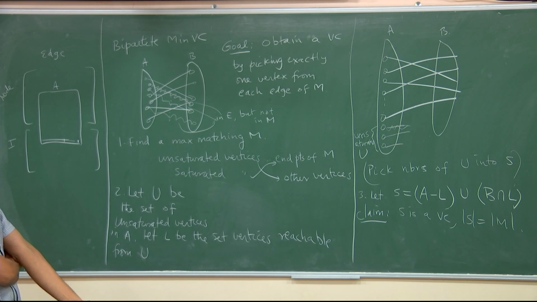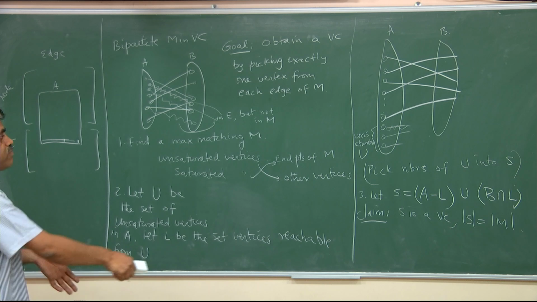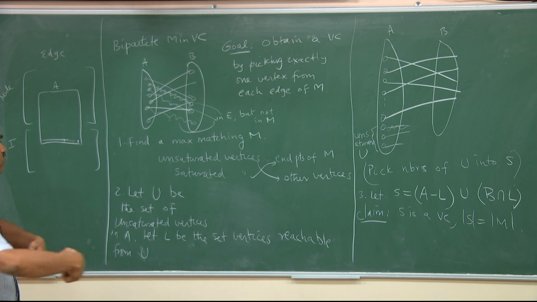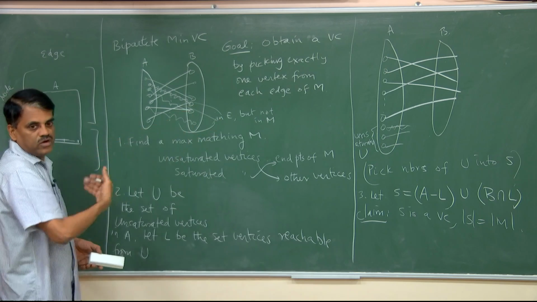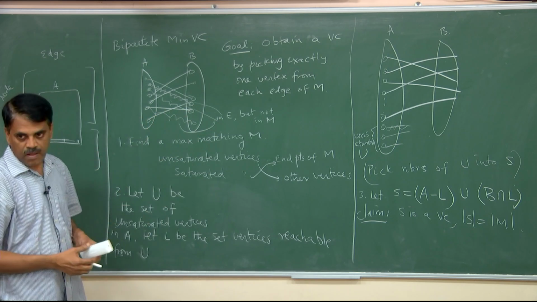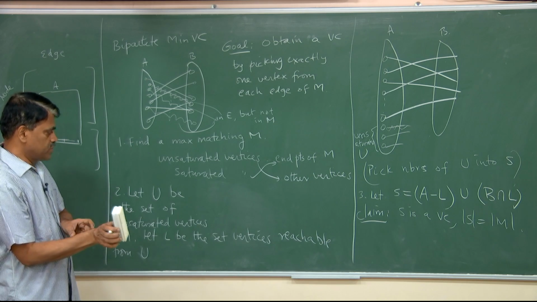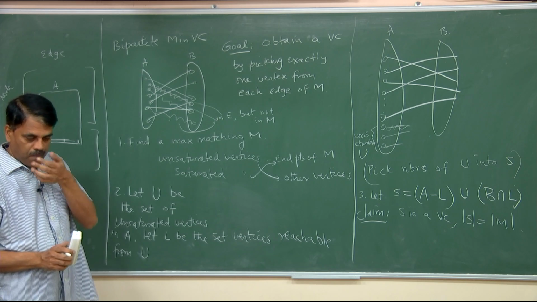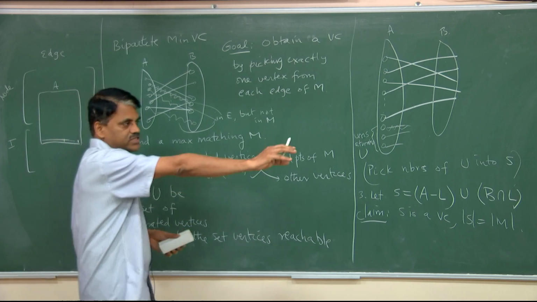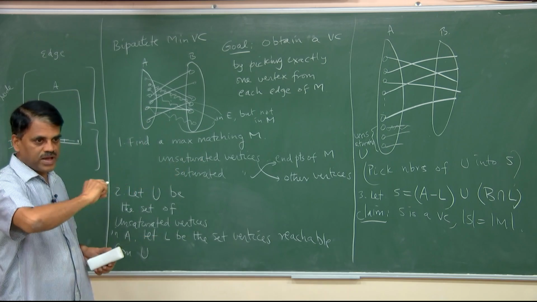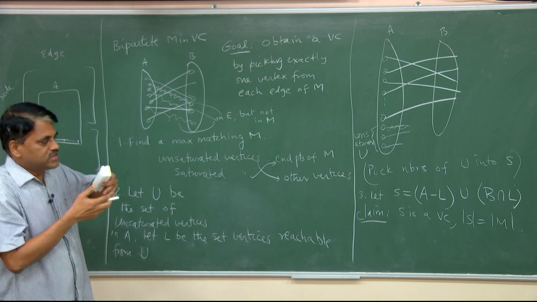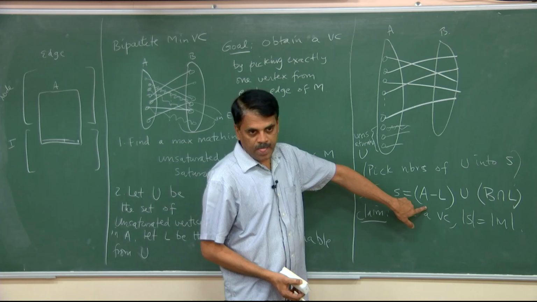So L is always in A. And it's not just neighbors. I'm not picking only neighbors. All vertices reachable from U. That means I go there, pick an edge, and go on, anything for which I have a path. So it's not just neighbors. In particular, if I can reach a vertex there, then its matching partner is also reachable, and those are the guys I'm going to omit from A.